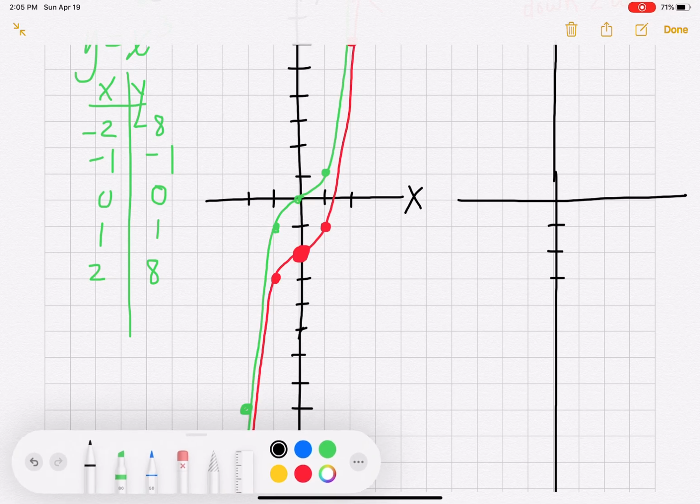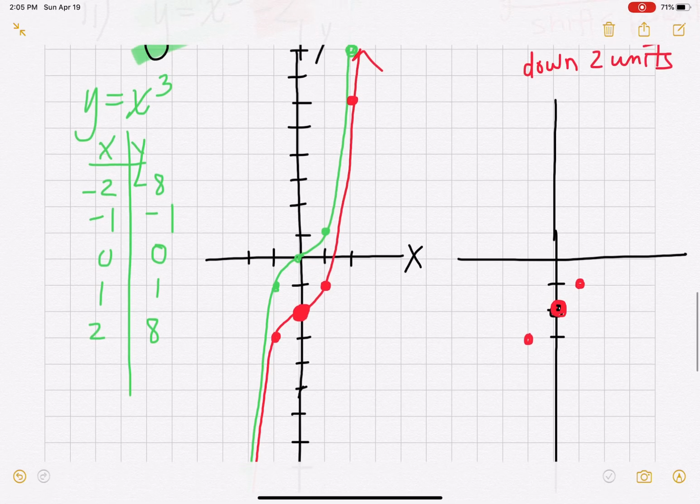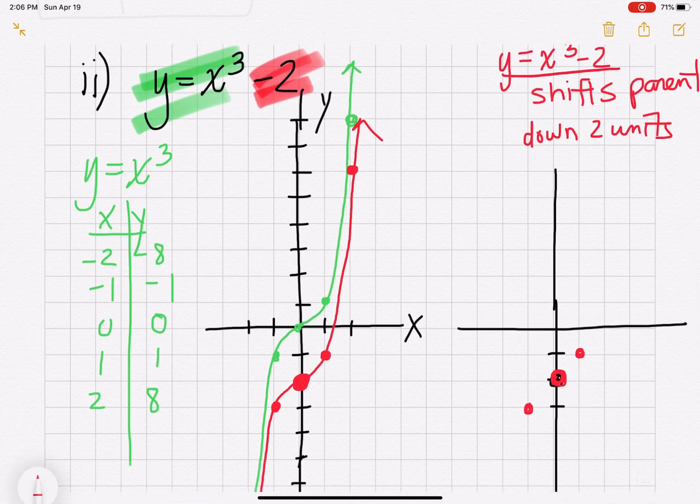So here's my central red point right there. Well, that's supposed to be red. Didn't turn red. And I got this point here, and then I got this point here. All right, let's see if I can get this to work.